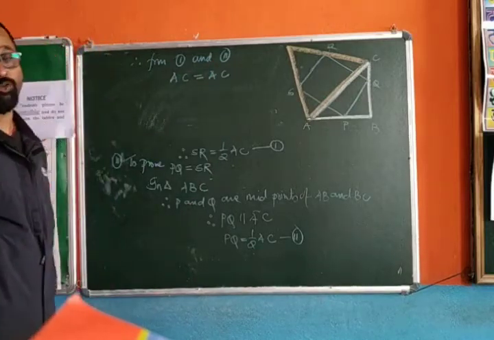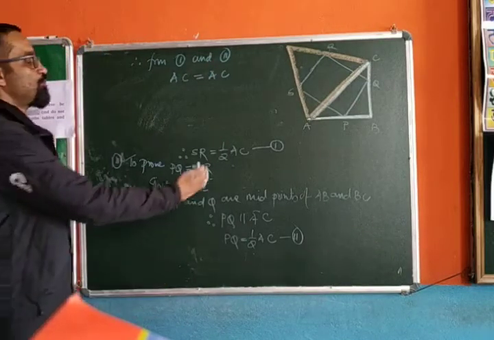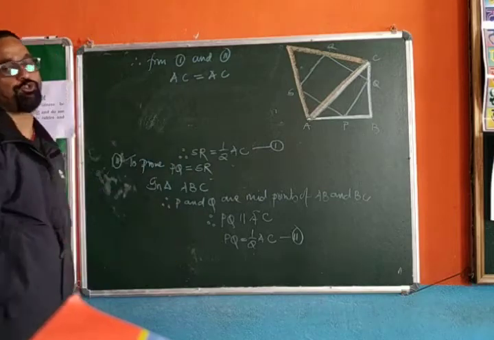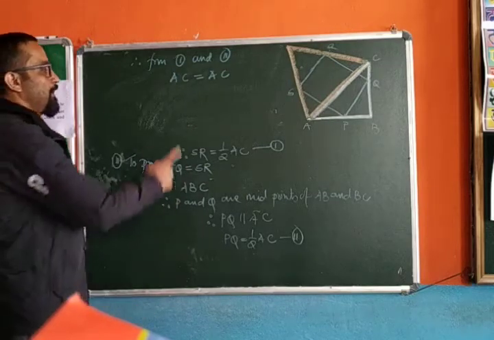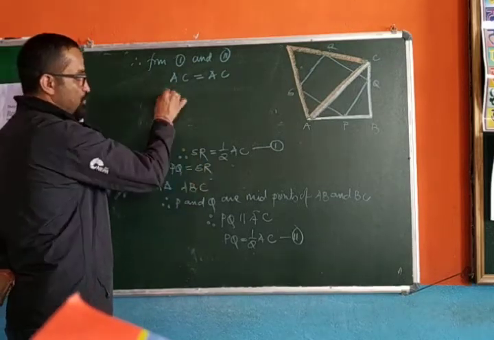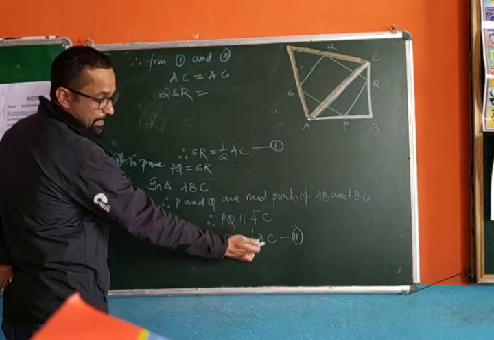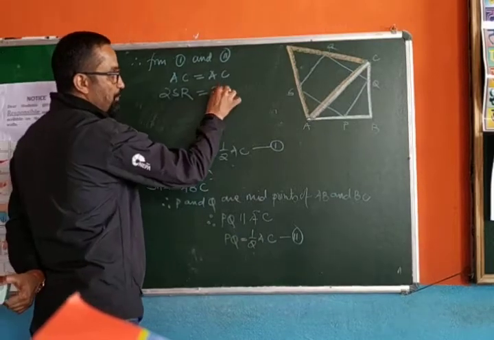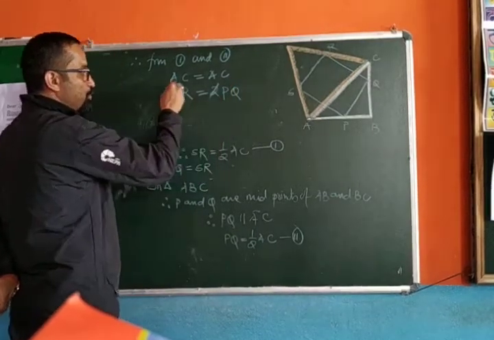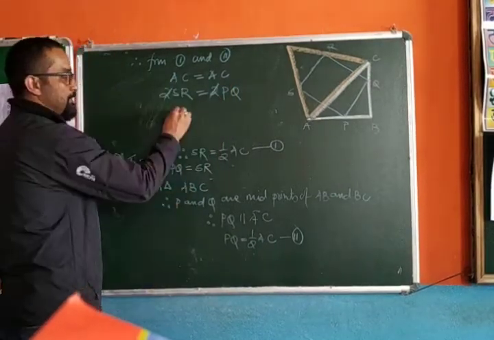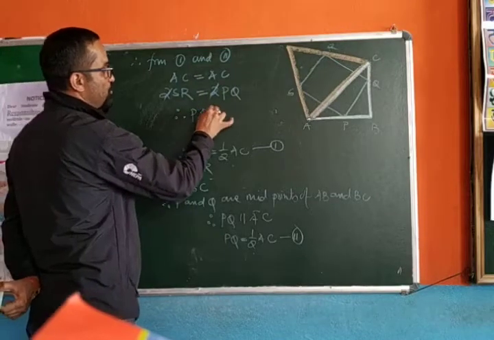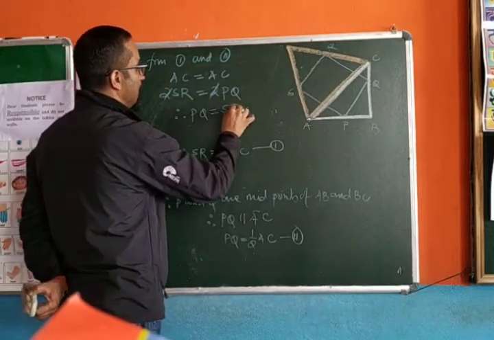It is common in both. From the first one, AC can be written as 2 into SR. From the second one, AC can be written as 2PQ. 2 cancels from both sides. Therefore, PQ is equal to SR. Proved.